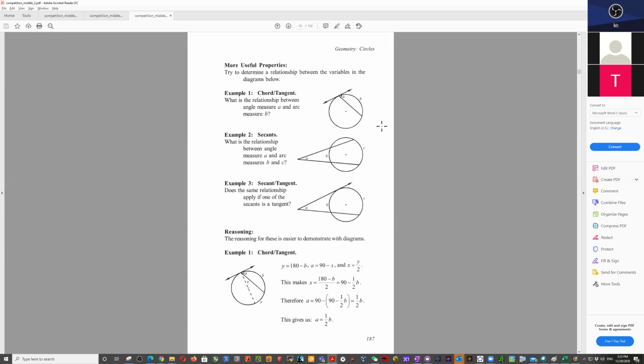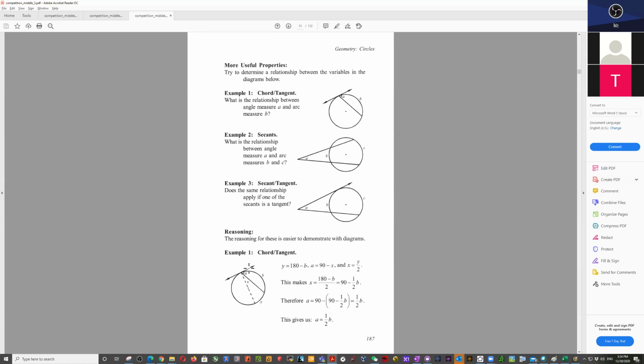If it has one tangent and one chord, basically this is arc B, and this is angle A. Angle A is 1/2 of arc B, so arc B will be twice as big as the tangent angle here.